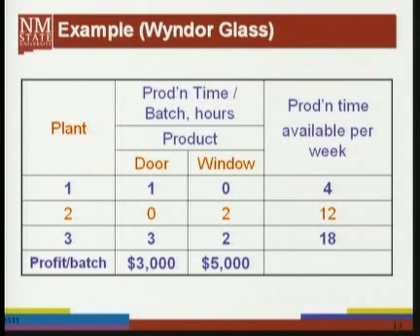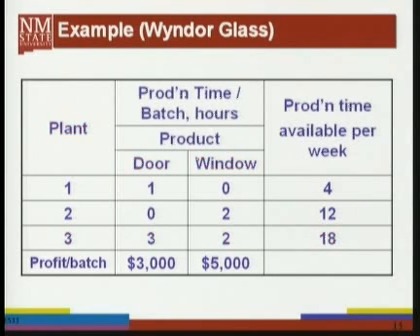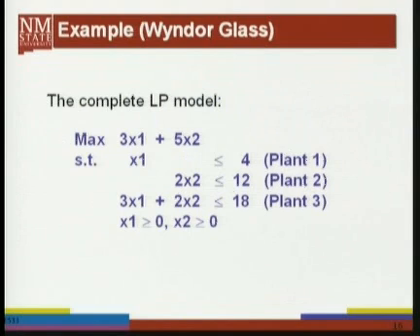Likewise, plant 2 imposes the restriction that 2x2 is less than or equal to 12. For plant number 3, you would get 3x1 plus 2x2 is less than or equal to 18, right? Because the production rate cannot be negative, it's also necessary to restrict the decision variables x1 and x2 to be non-negative. So the complete math formulation would be like this.